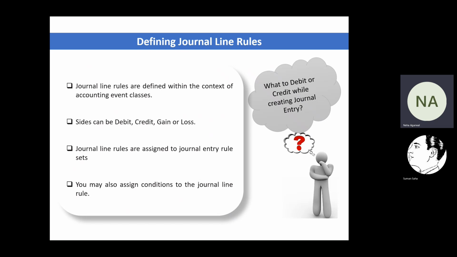If the conditions of all the general line rules assigned to the general entry rule set are not met, the transaction is processed without the creation of any subledger general entry, and the event status is set to processed. You may set a condition to specify whether the general line rule is used to create a subledger general entry line.